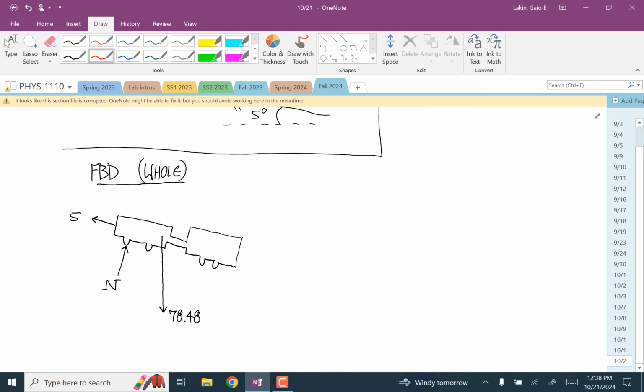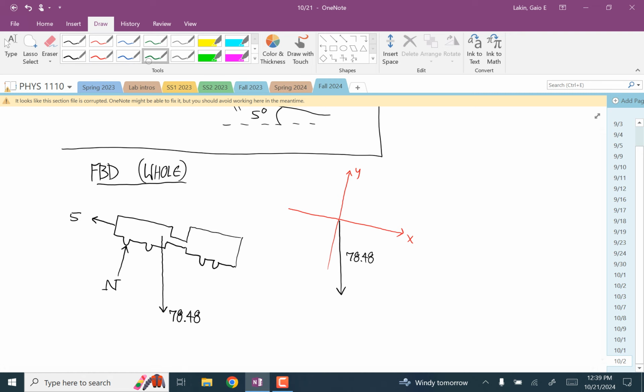Now let's figure out the components of the weight force. It has a magnitude of 78.48.